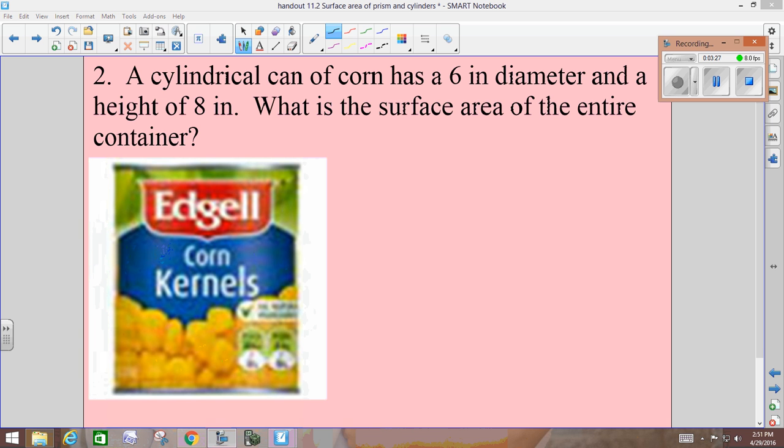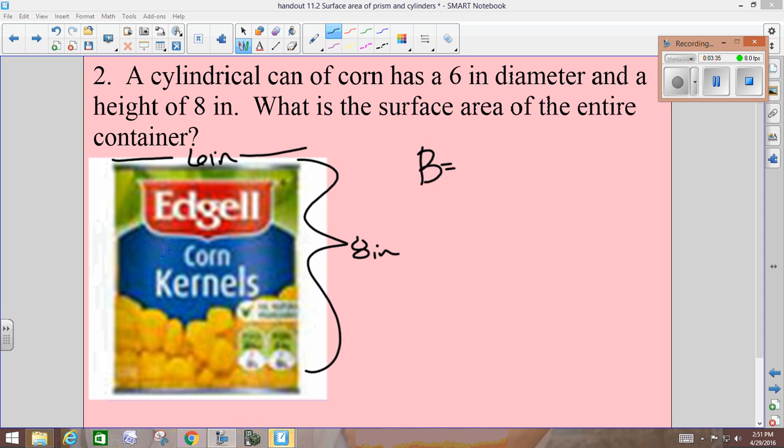Okay, so the can of corn has a 6-inch diameter, and it's 8 inches tall. So big B, P, and H. Melissa, how do you find big B on a cylinder? So what do I have to use? Find the area of my base.